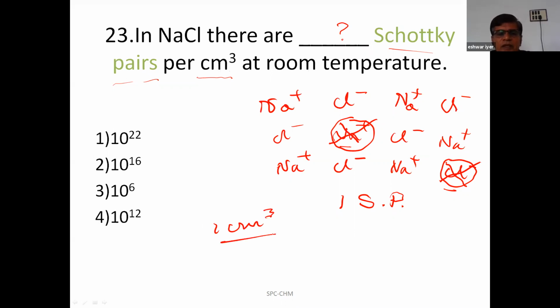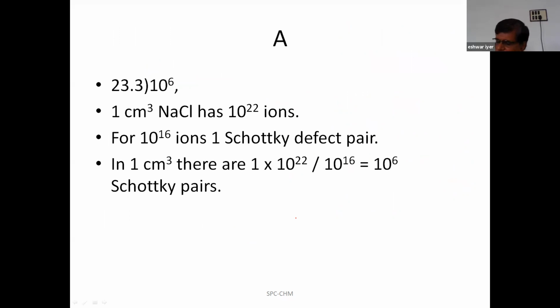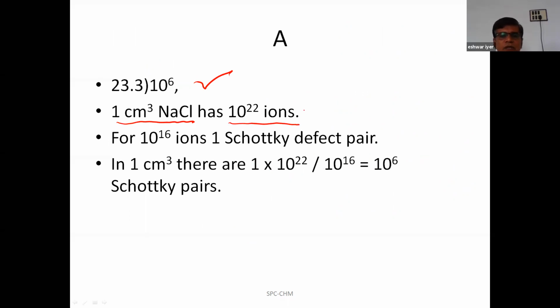That's very interesting. So now you know how many Schottky defects there are in a known number of atoms. Look at this. The answer is 10 to 6. They have found from calculation that 1 cc of NaCl would contain 10 to 22 ions, calculated using the Avogadro number and moles.